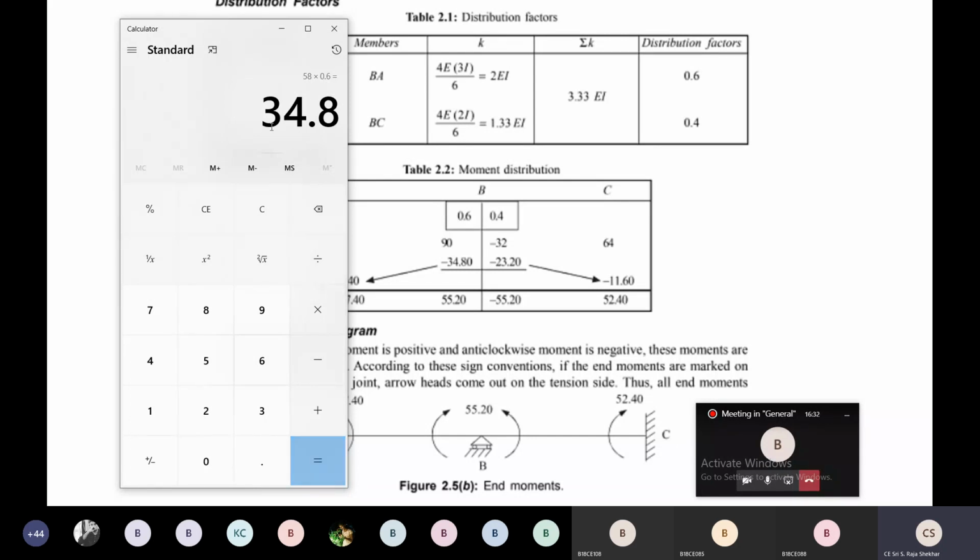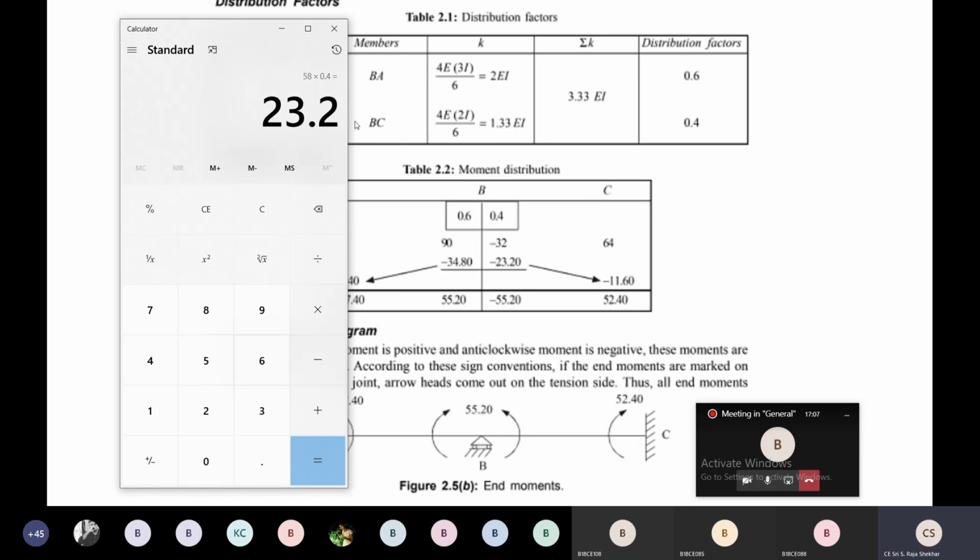Similarly, 58 kilonewton meter we distribute to member BC. The distribution factor for member BC is 0.4. 58 multiplied by 0.4 gives 23.2, so 23.2 we distribute to member BC.